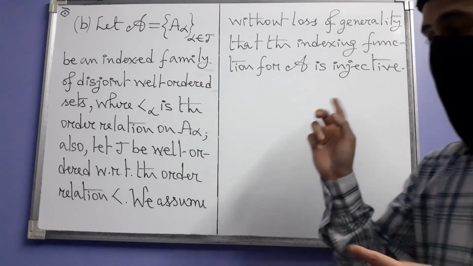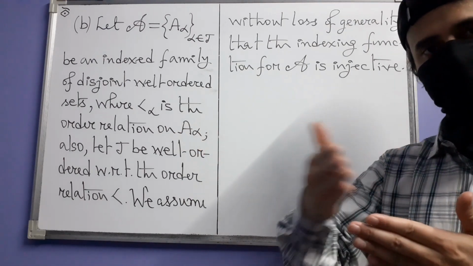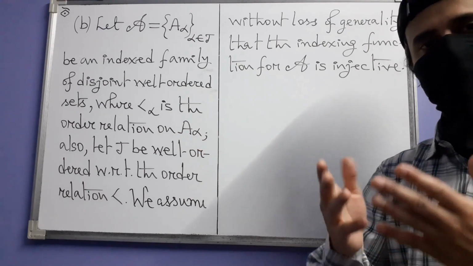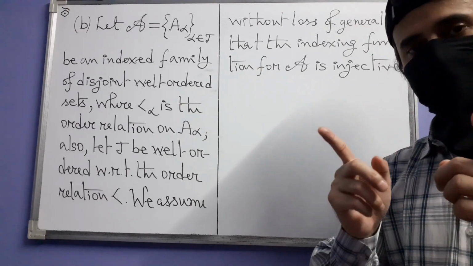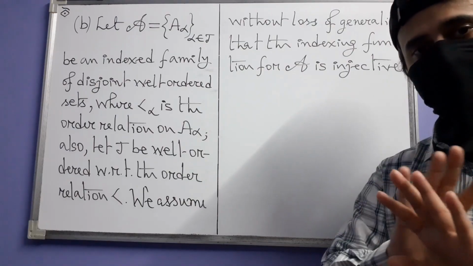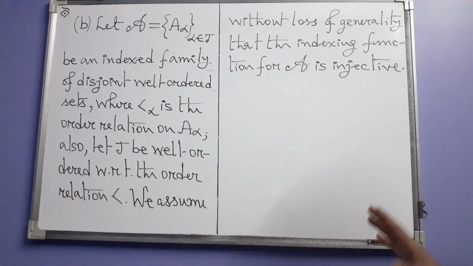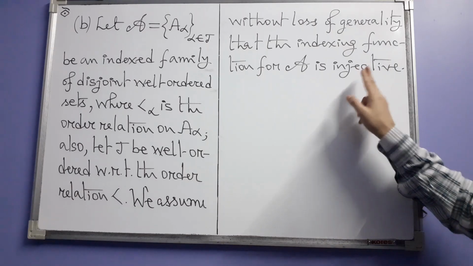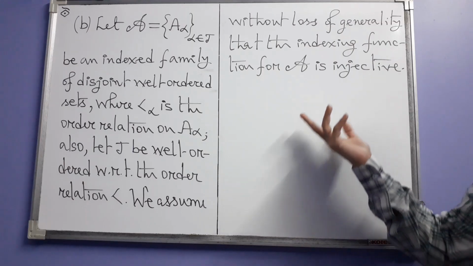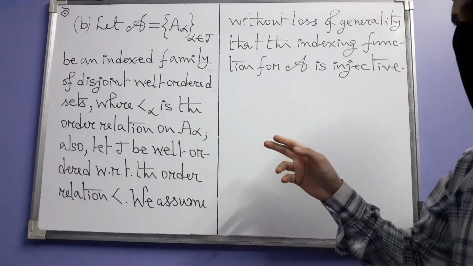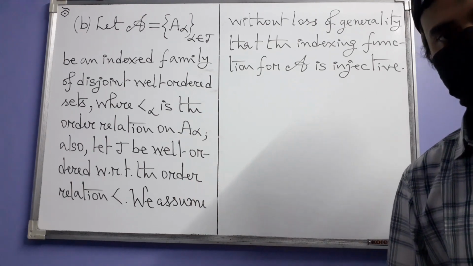That is injective. That means for distinct indices, distinct labels alpha, so you take two distinct indices alpha and beta from J, the corresponding sets A alpha and A beta are different. Okay, that's what we will get if we assume that the indexing function is injective. And it makes sense that we can assume this because after all we are going to consider the union of these sets.